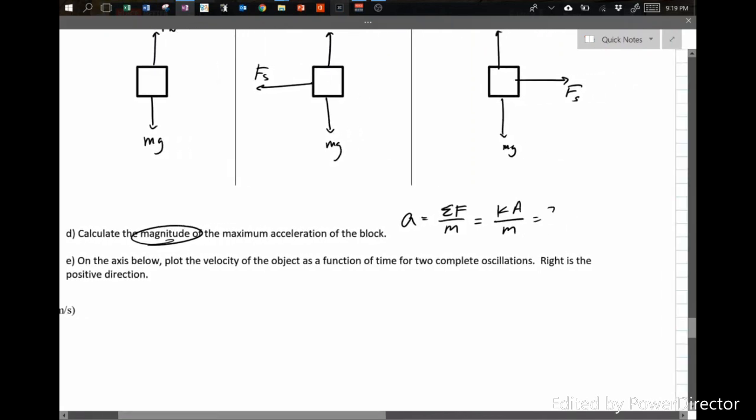Spring constant is 200. My amplitude is 3.29 meters. That's divided by my mass of 15. So that maximum acceleration comes out to be 43.9 meters per second squared. Kind of using those same ideas that we used from the first problem.